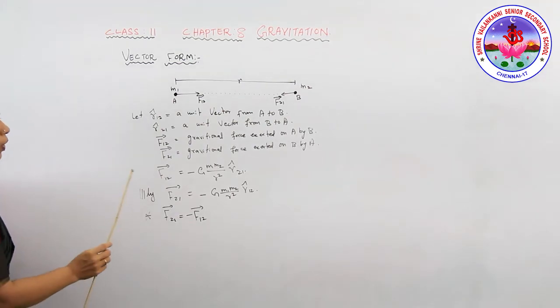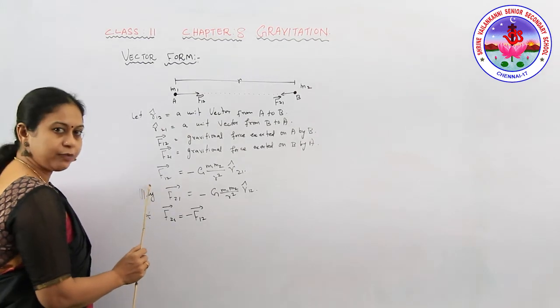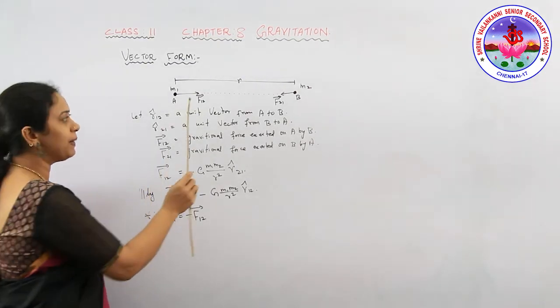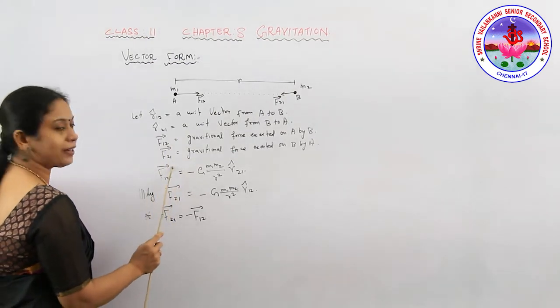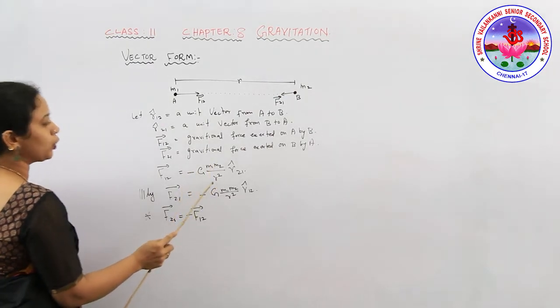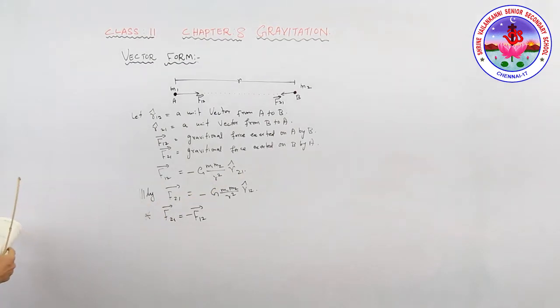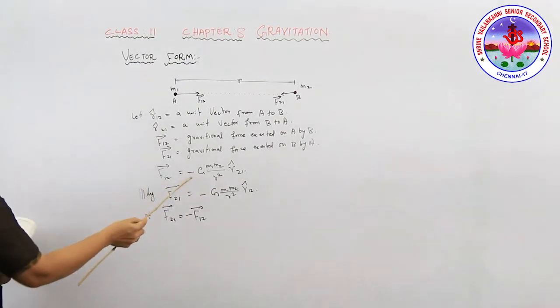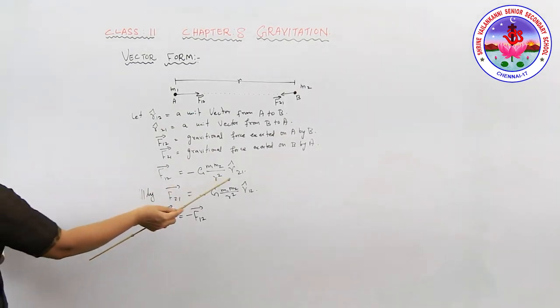Right. Now, as we know, F12 is the force of attraction between the two masses in vector form, F12 vector, which is equal to minus G m1 m2 by r square r cap of 21. Here the negative sign shows that the direction of the force F12 vector is opposite to r cap 21.